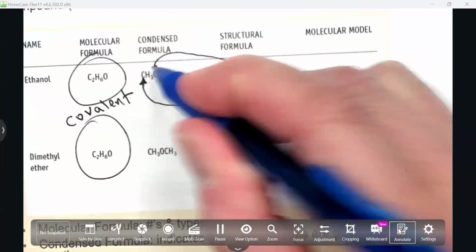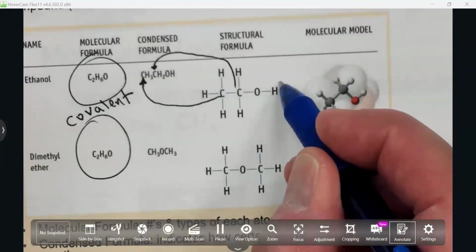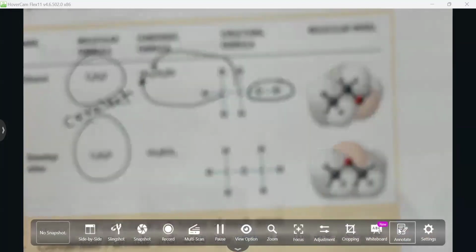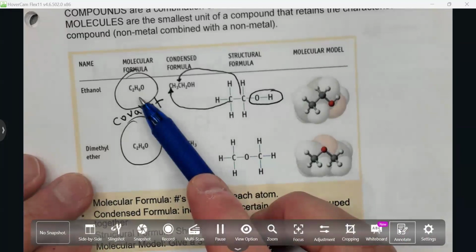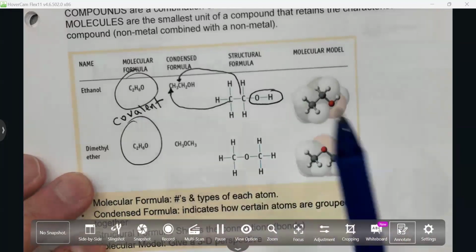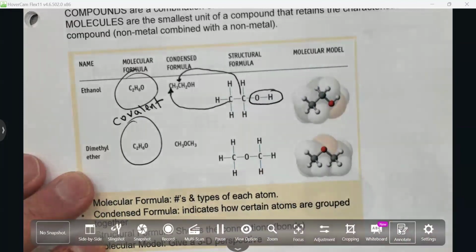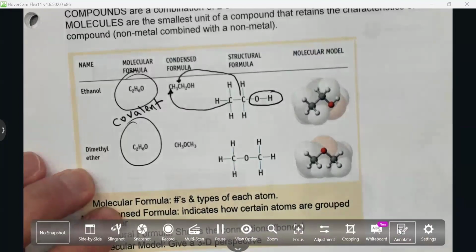Here's my carbon here that has hydrogen, and then it has the OH attached here. So there's the molecular formula, and then there's a condensed formula, a structural formula. And then we have a model here.